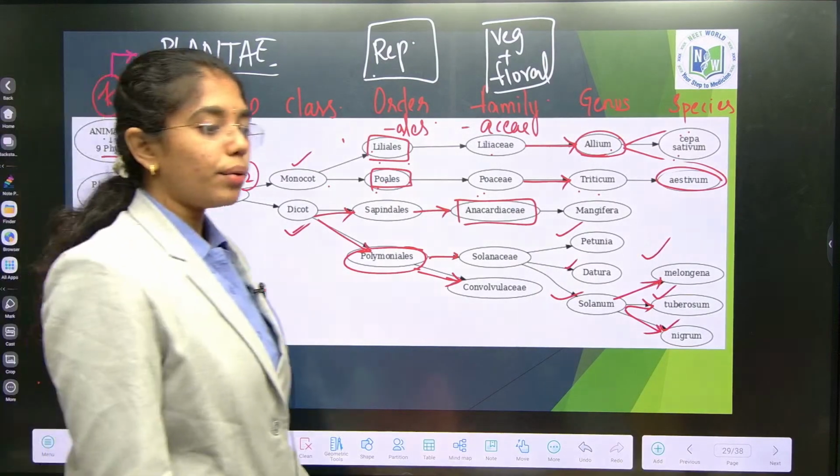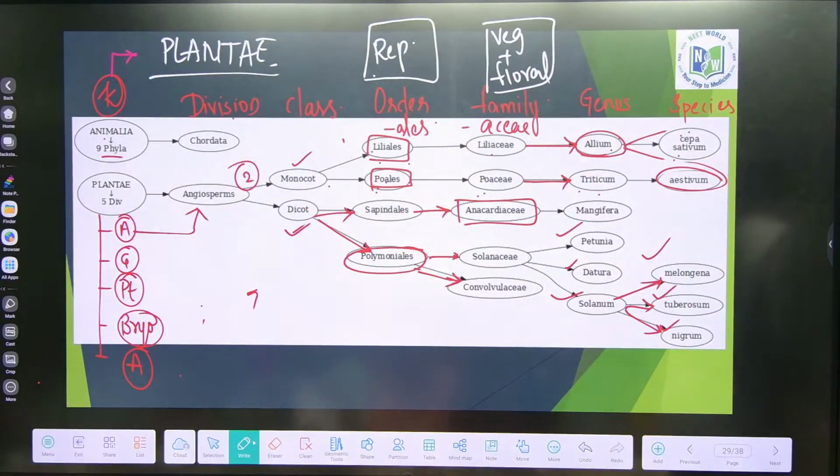Take down. Quickly you take down. After this we will learn about Animalia also, same chart.